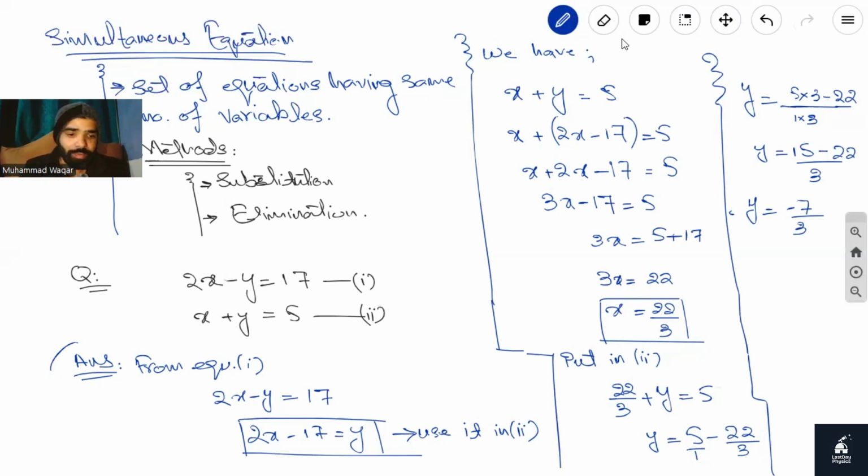Now, we will solve another simultaneous equation that can be in such a form that one is a quadratic and the other is linear. So that would have a little more working than the two linear equations.